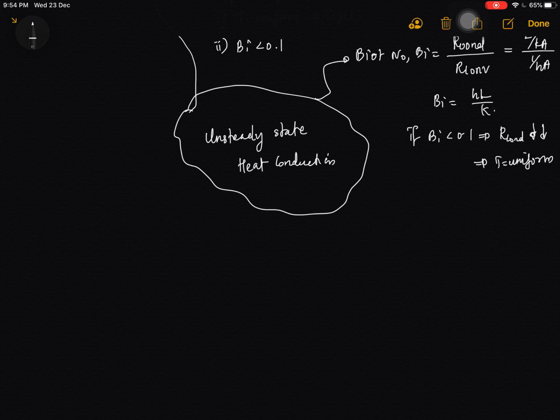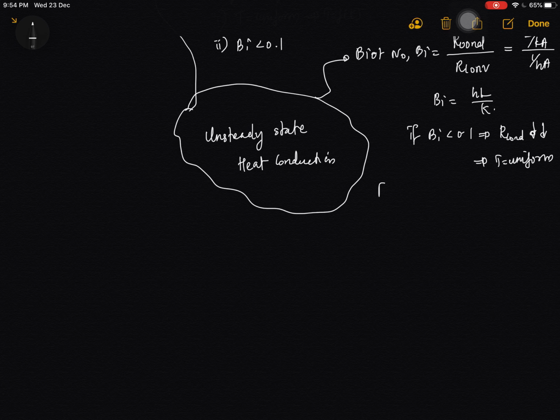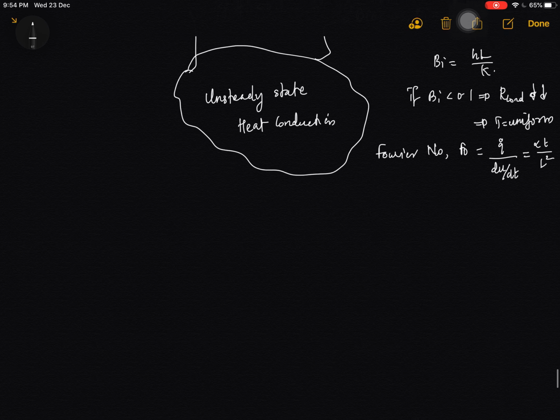So that's why we have to consider the Biot number less than 0.1. At the same time another dimensionless number comes into existence, the Fourier number, which is the ability to conduct energy to the ability to store energy, and it is given by the equation alpha t by L square.